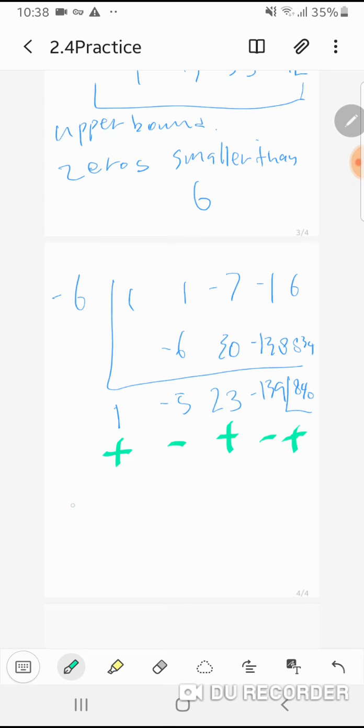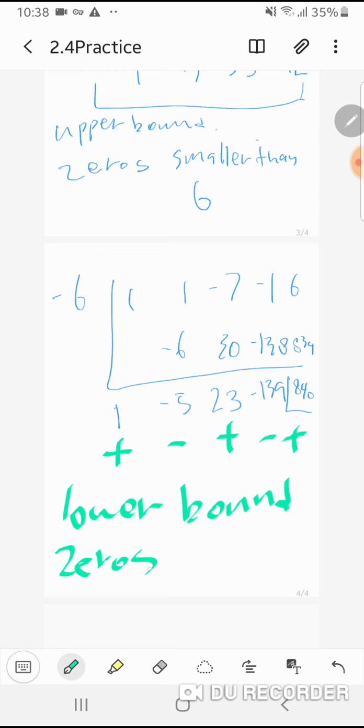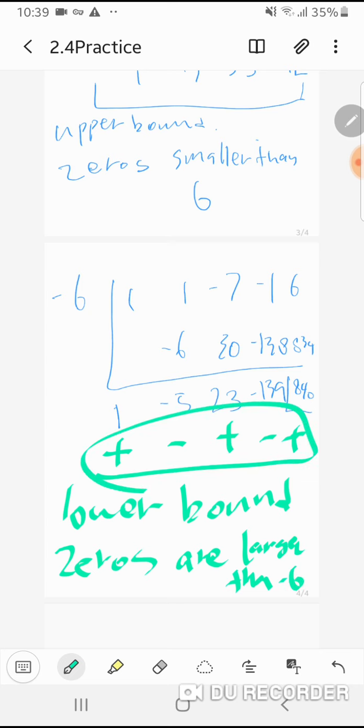So this is a lower bound, and this means that the zeros are larger than negative 6. So this makes negative 6 a lower bound.